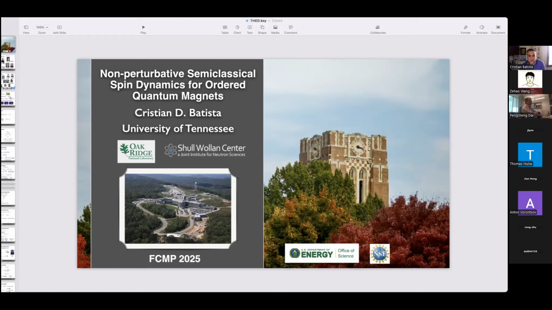Actually, the work that I will describe today has been inspired by many collaborations with different groups, but in particular with the neutron scattering division of Oak Ridge National Laboratory, where I have a joint appointment between the University of Knoxville and the lab, and we keep collaborating, and a lot of the things that I will describe were inspired by these collaborations.